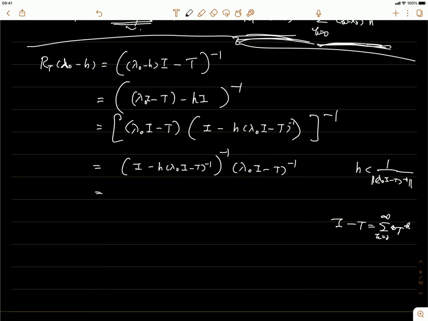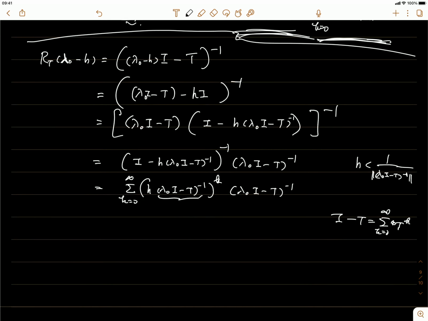So I can rewrite this as the sum over k from 0 to infinity of h times the inverse of lambda 0 I minus T, to the power k, then times lambda 0 I minus T inverse. Remember that this whole thing is just the resolvent at lambda naught, and this whole thing here is also the resolvent at lambda naught.